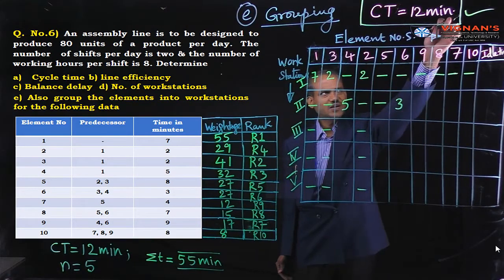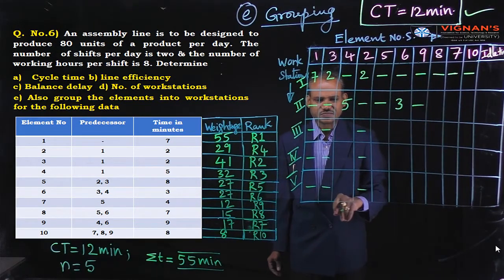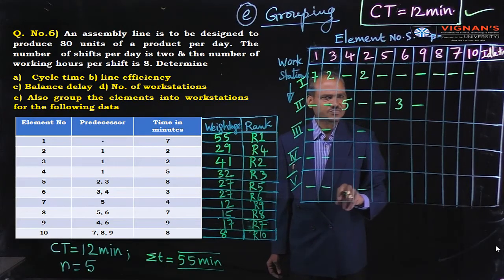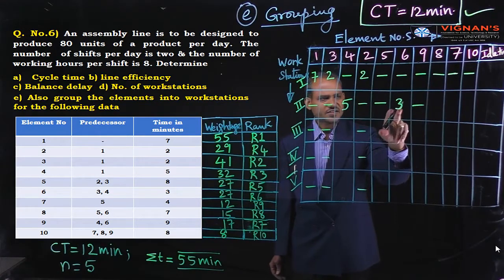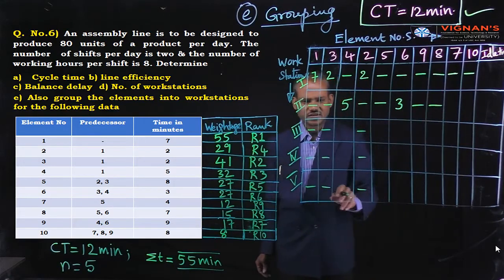It's more than 12 minutes. Don't assign. Next, 8. 8th element timing is 7. 8 plus 7, 15. More than 12 minutes. Don't assign.